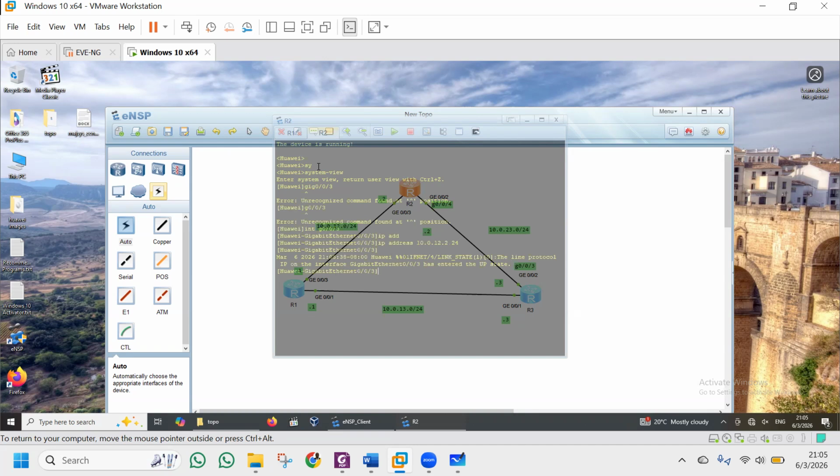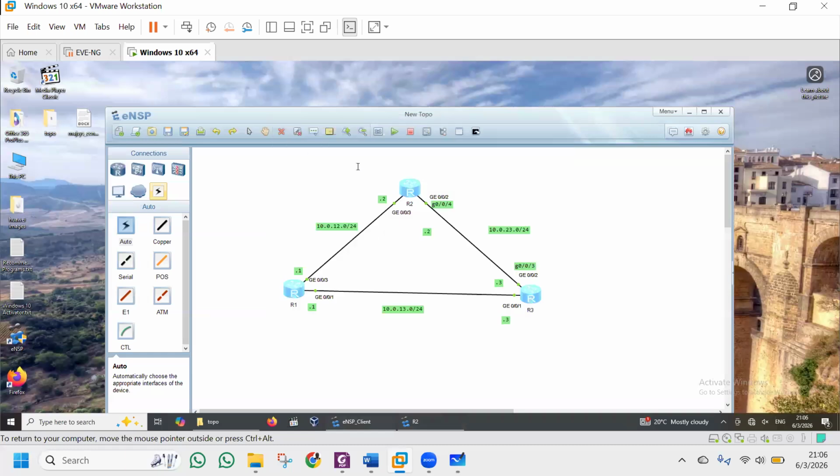Then we'll go to interface 0/0/2. I can use the up arrow and just change this to 0/0/2 and change 23 here. That one is done.